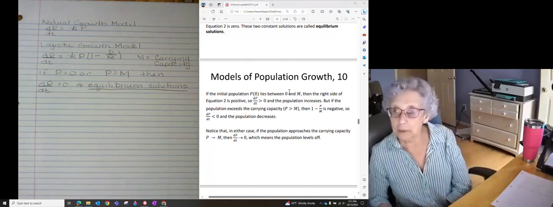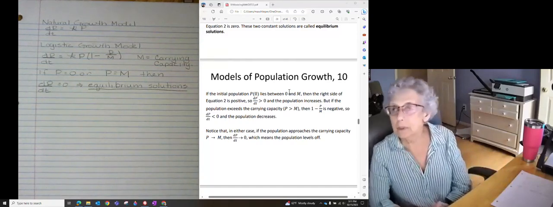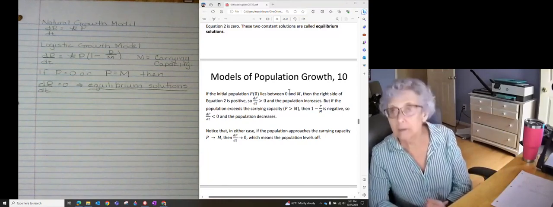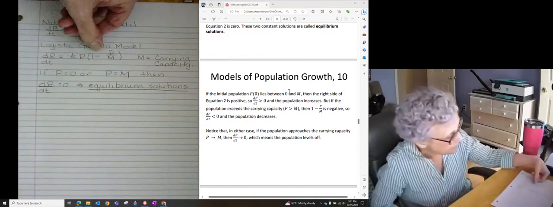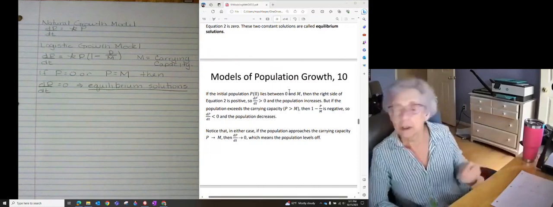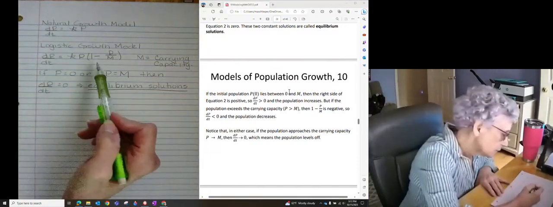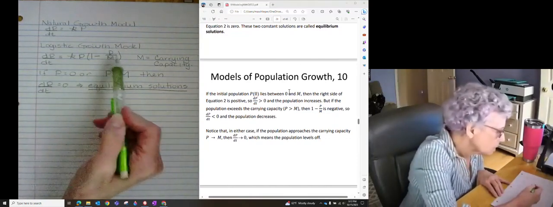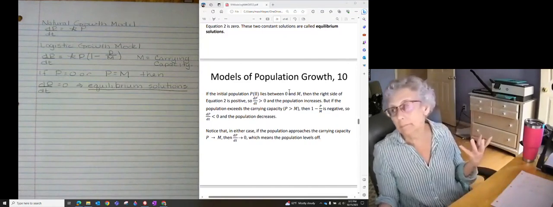So if the initial population lies between 0 and M, then the right side of this equation is positive. So your derivative, between 0 and M, would be positive, so you're growing.